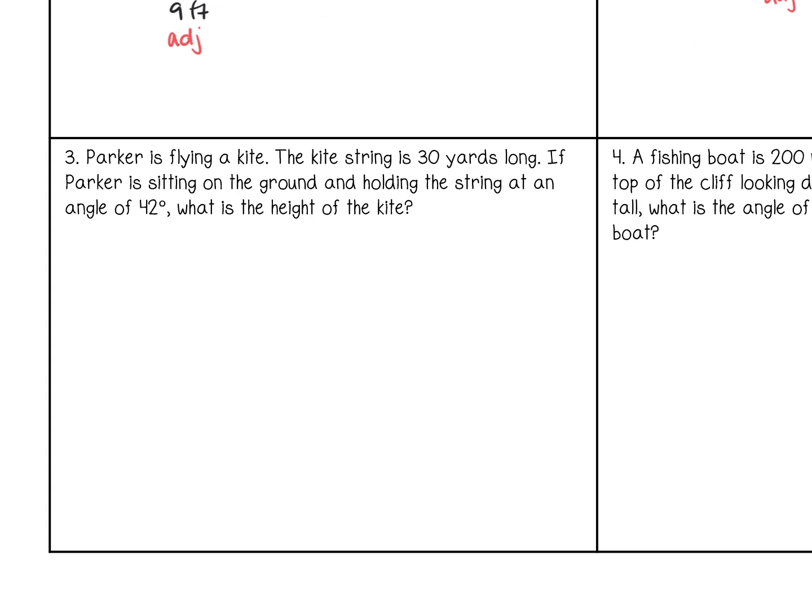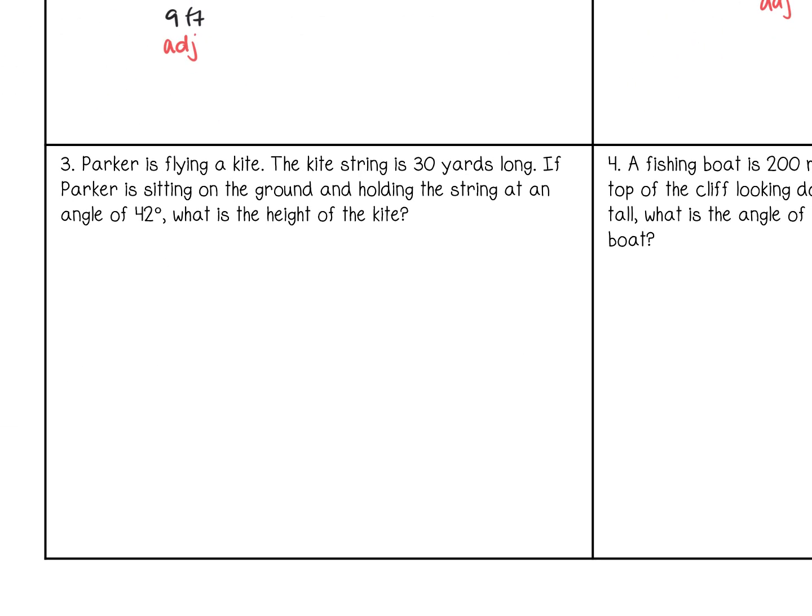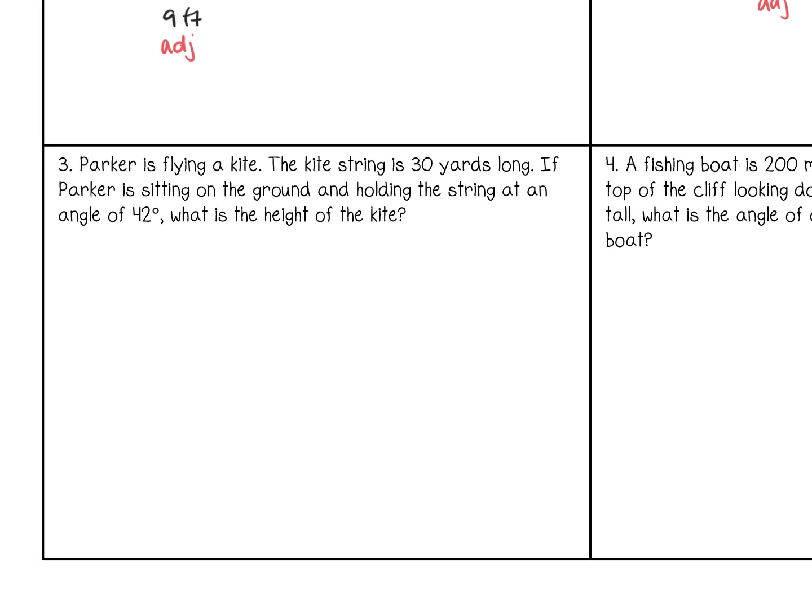In our third example, we have Parker flying a kite. The kite string is 30 yards long. If Parker is sitting on the ground and holding the string at an angle of 42 degrees, what is the height of the kite? So we're going to have Parker. He is sitting on the ground.